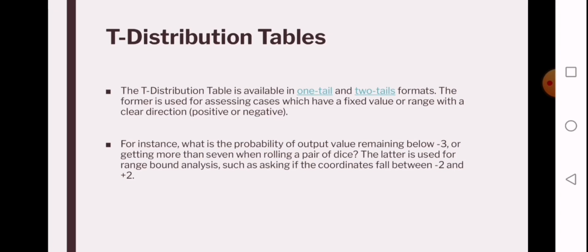For instance, what is the probability of the output value remaining below -3 or getting more than 7 when rolling a pair of dice? The latter is used for range-bound analysis, such as asking if the coordinates fall between -2 and +2. The calculations can be performed with standard software programs that support the necessary statistical functions, like those found in MS Excel.